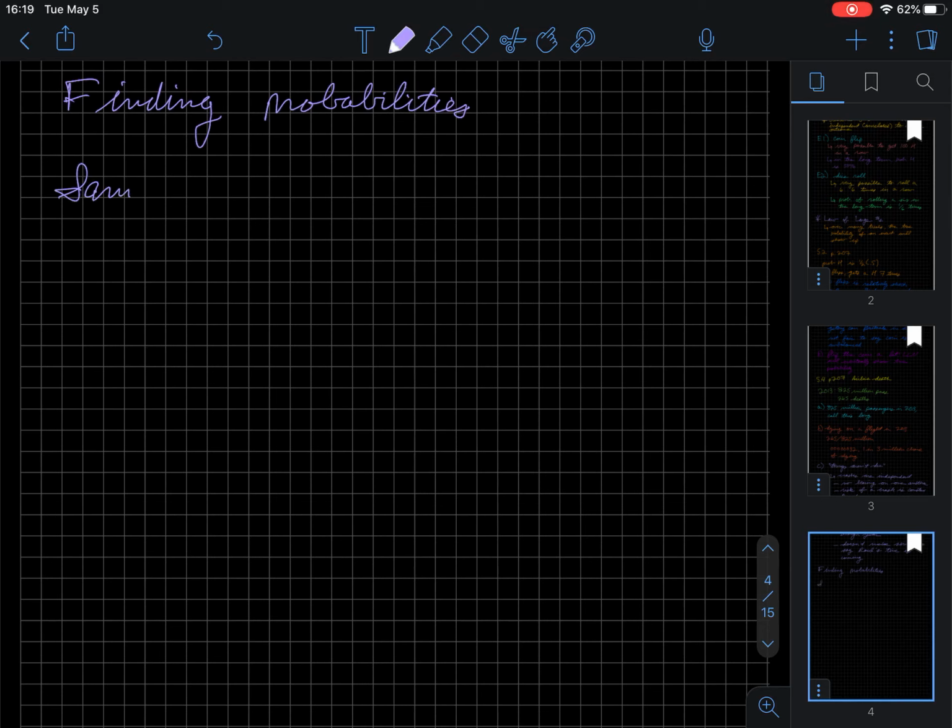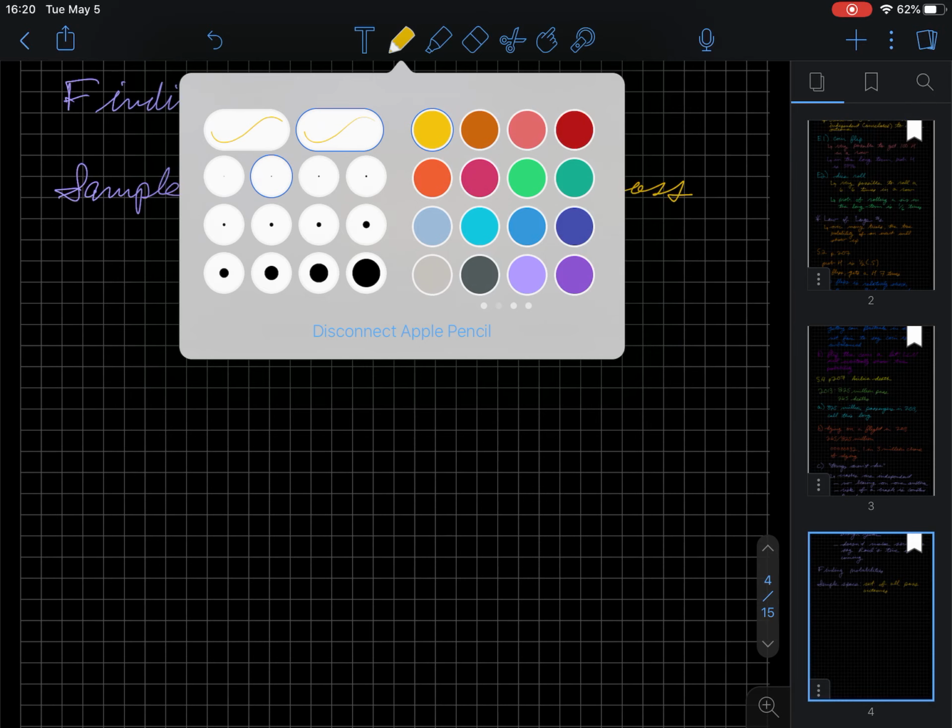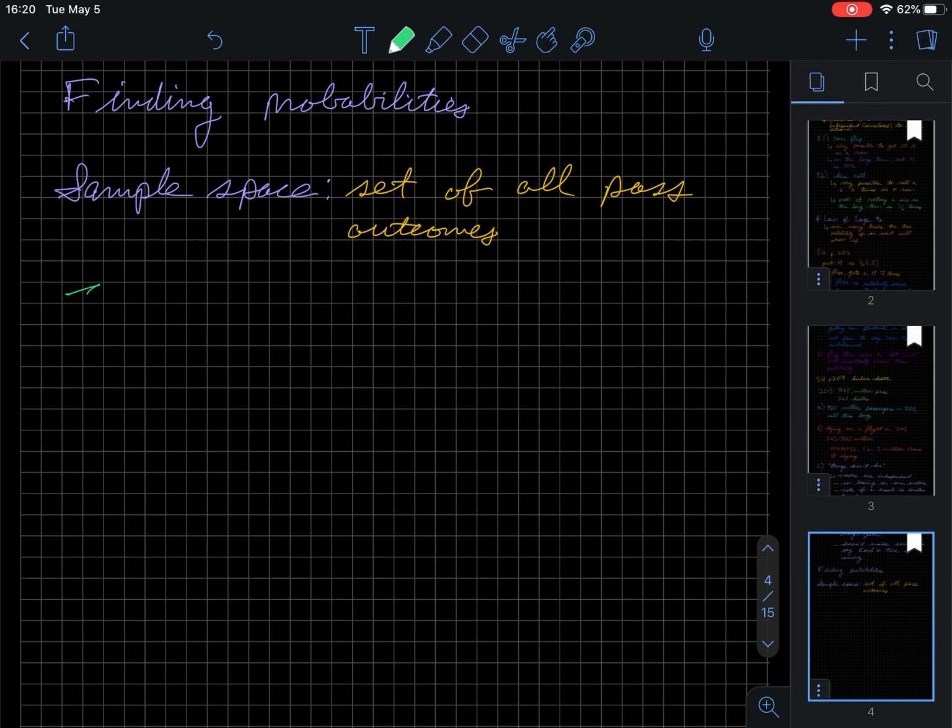We have a sample space, and this is going to be the set of all possible outcomes. So for example, let's take a die. If we roll a die, we know you can get a 1, 2, 3, 4, 5, or 6.